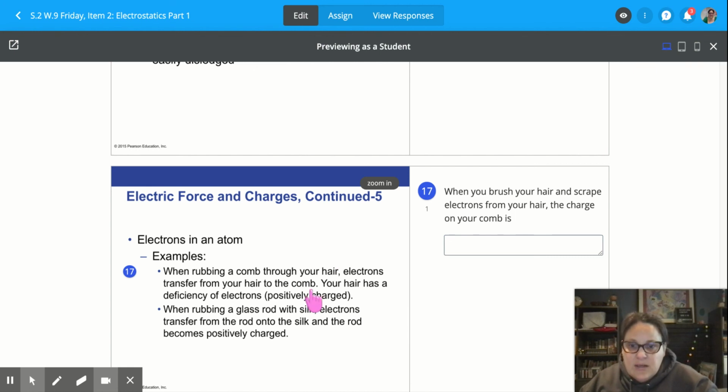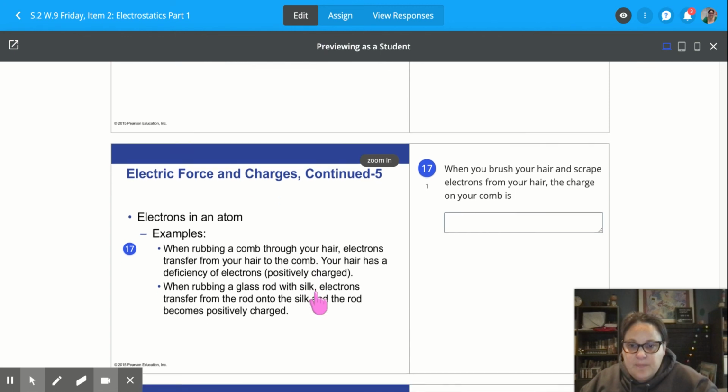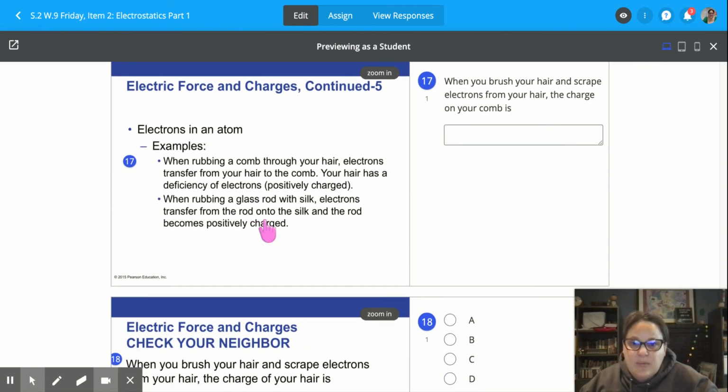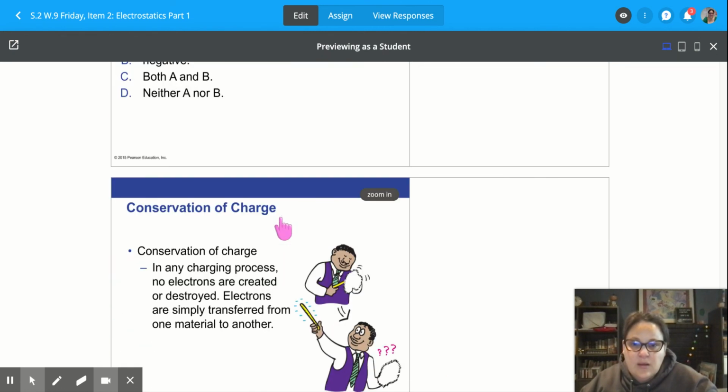So your hair becomes positive, the comb becomes negative. A common experiment, which we'll talk about later, is if you take a glass rod and rub silk against it, the electrons transfer from the rod to the silk and the rod becomes positive. Wherever the electrons are leaving becomes positive, and wherever the electrons are going becomes negative.